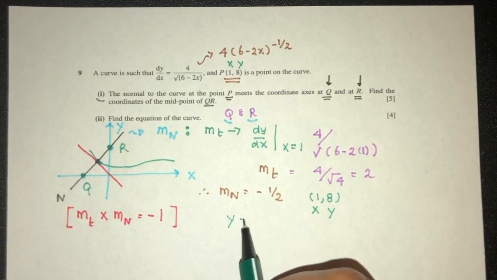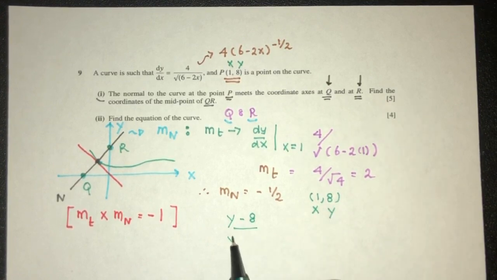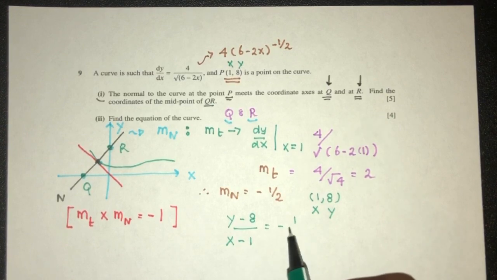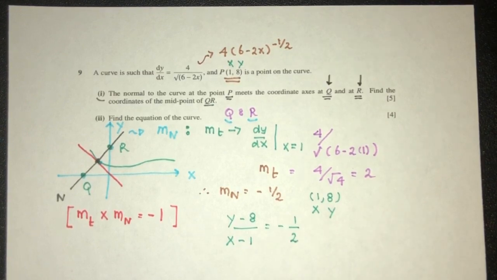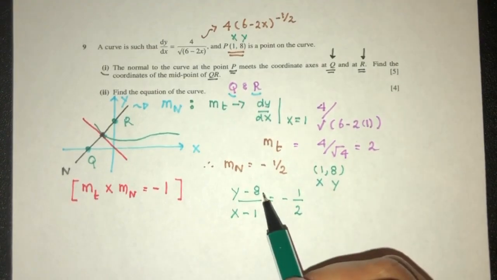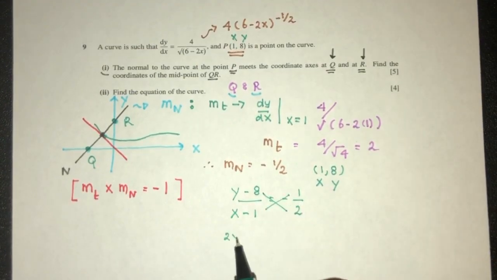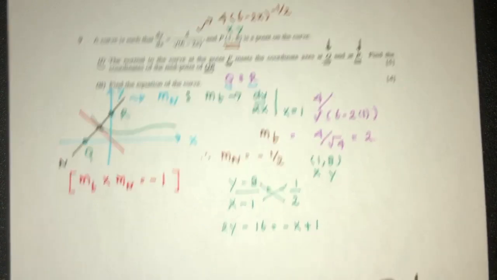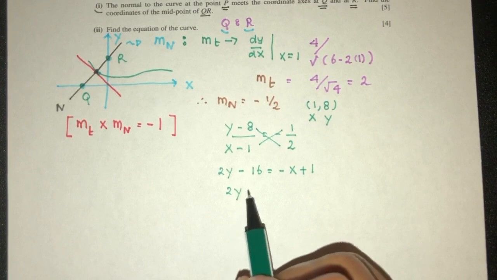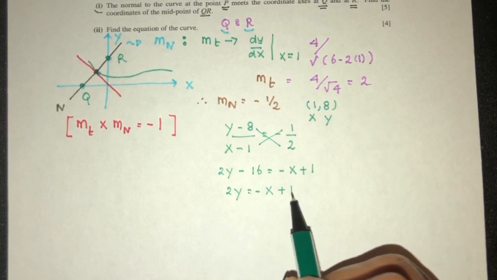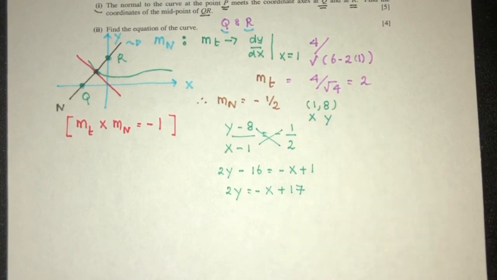So y minus 8 over x minus 1 should be minus half. This is just the way I use to find the equation of a straight line. If you have any other method, since you have the gradient and the passing point, it should be pretty easy. Now cross multiply, that should be 2y minus 16 equals minus x plus 1. So 2y equals minus x plus 17. This is my equation of the normal.